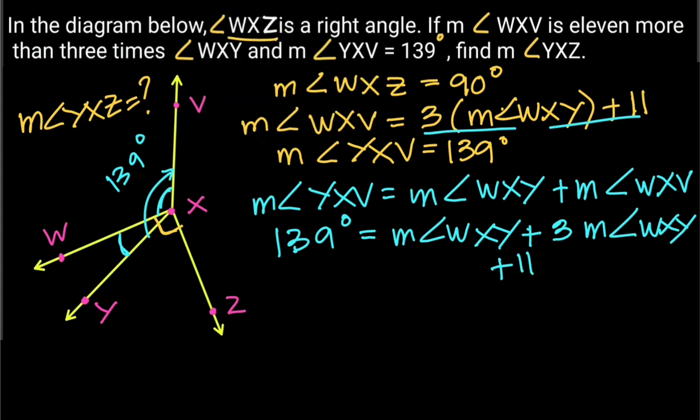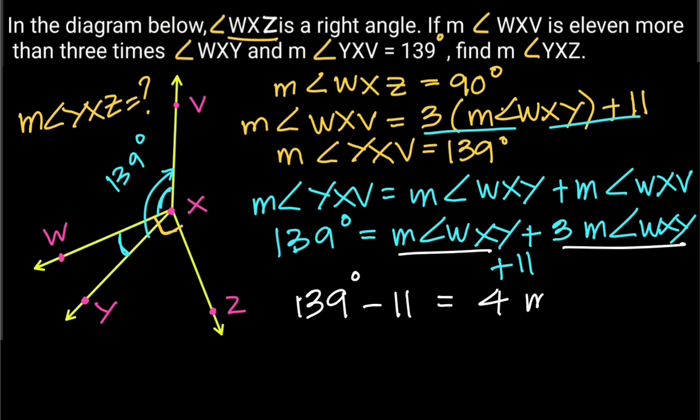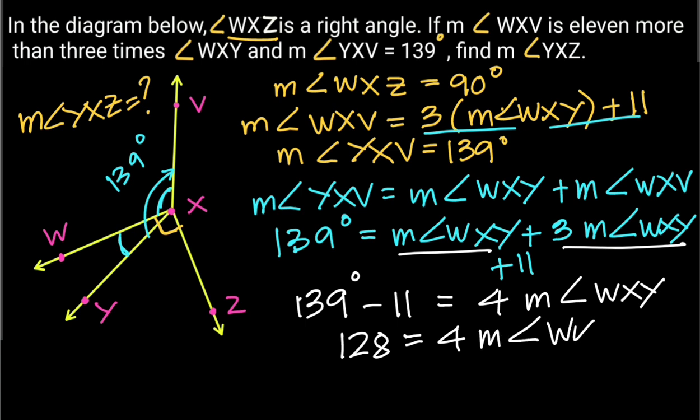So we have here WXY and WXY, 1 plus 3, so that is 4. And then we subtract 11 from 139. So this is 4 times the measure of WXY. This is just 128 equals 4 times the measure of WXY.